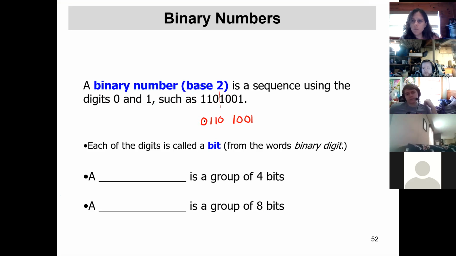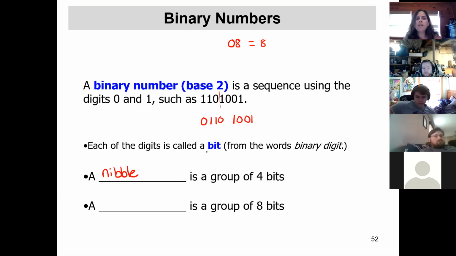It's just more visually pleasing, and putting a 0 in front doesn't change the number, just like 08 is no different than 8 in our decimal system. We put them in groups of 4, and a group of 4 is called a nibble. Each one of these right here is a bit, and a bit comes from the words binary digit.